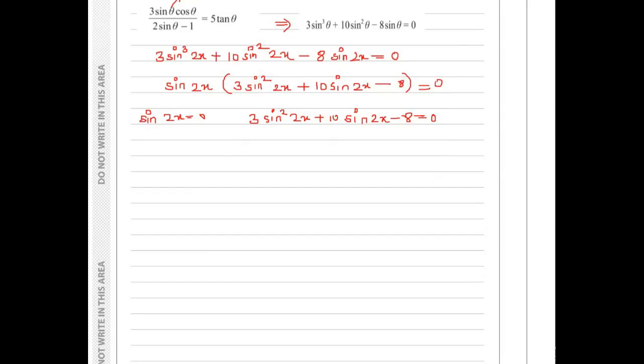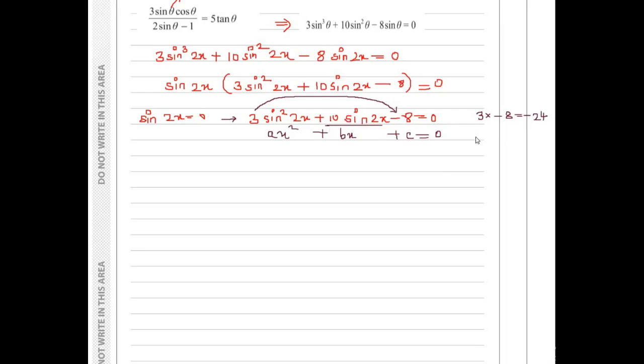Now if we look at the expression, this resembles our quadratic expression, ax squared plus bx plus c equal to 0. To factorize this expression, I am going to use splitting the middle term. We multiply the first number with the last number, so 3 times minus 8 gives minus 24. Now let us find the factors of minus 24 which should give a sum of plus 10.